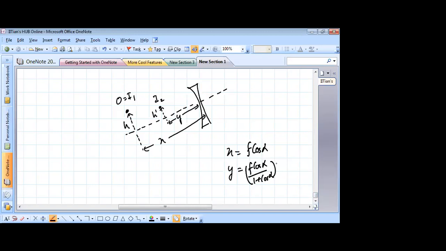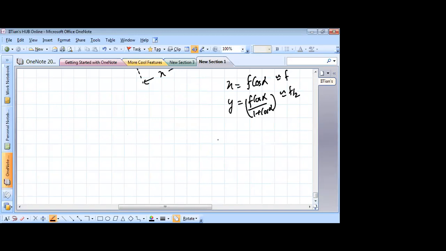So if alpha is very small, this is almost tending to f by 2. So for small alpha, x is almost tending to f, and y is almost tending to f by 2. And this h prime magnification will be v by u. In this case, it is plus y by x.